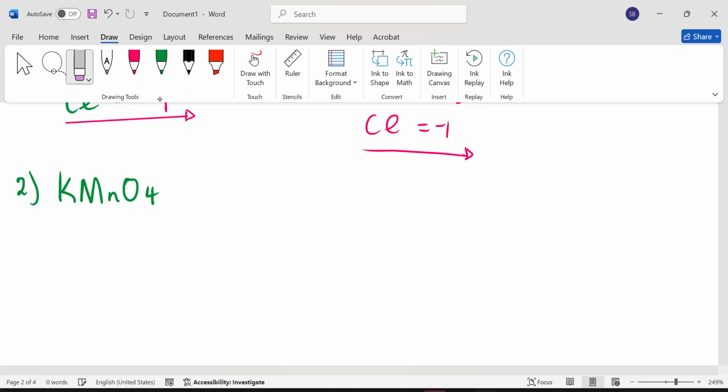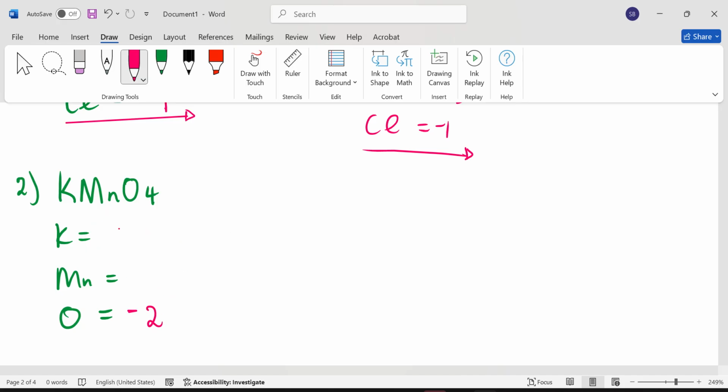Okay. So in this particular case, we say, so what is the oxidation number of potassium? Do we know it? Not really. Do we know the one of manganese? Nope. Do we know the one of oxygen? Yes. Because it's not bonded to a fluorine, and it's not in a peroxide, we say the oxidation number is -2.